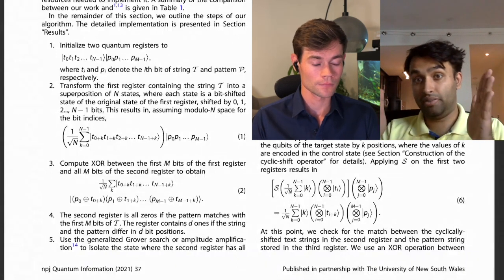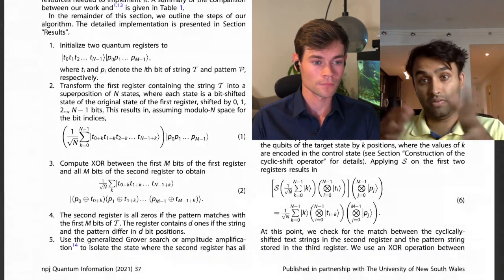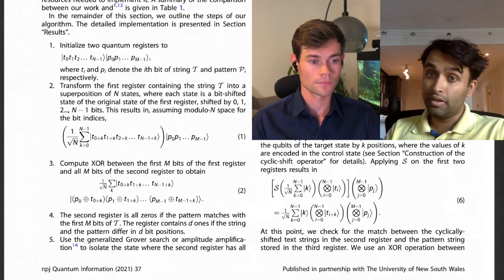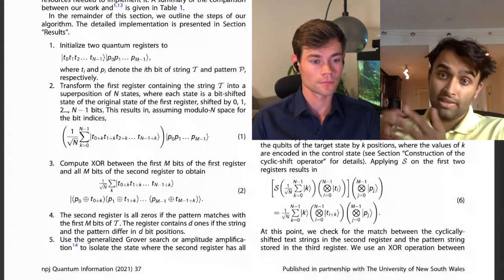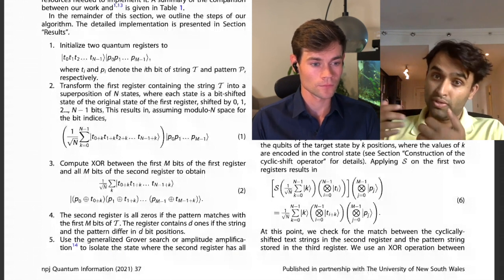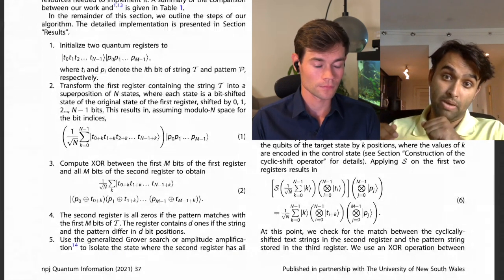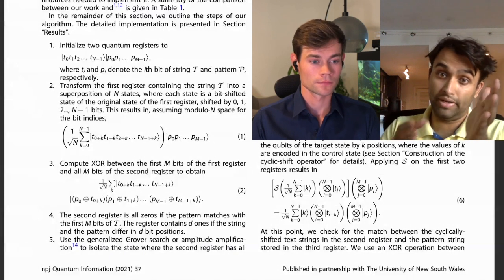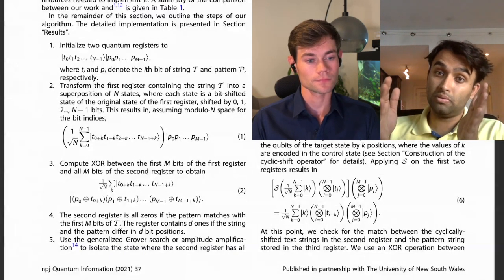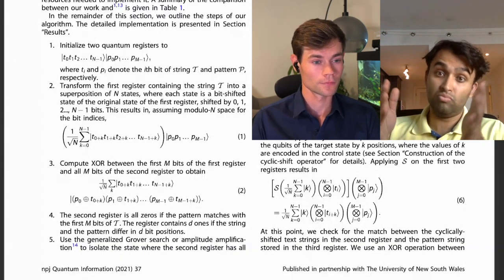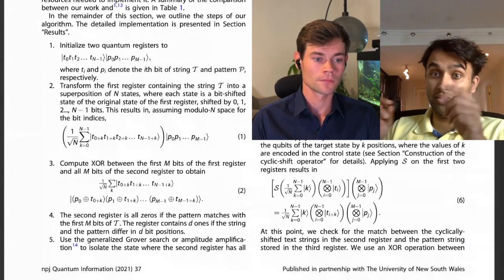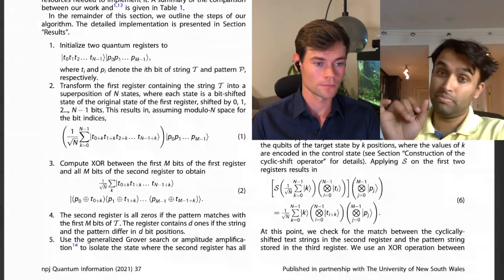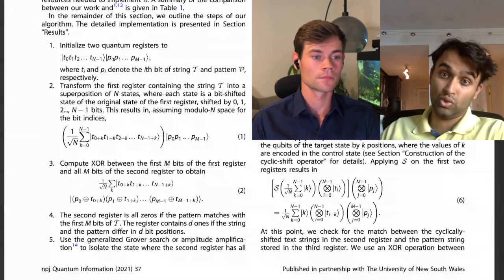You're only allowed to compare the first k bits of the registers. And once you do the comparison, you need to be able to, and again, this is a quantum computer, we don't have a division between a CPU and a memory. The CPU is the memory right now. So you need to be able to store somewhere, or record somehow, if a particular element in the superposition is a match.